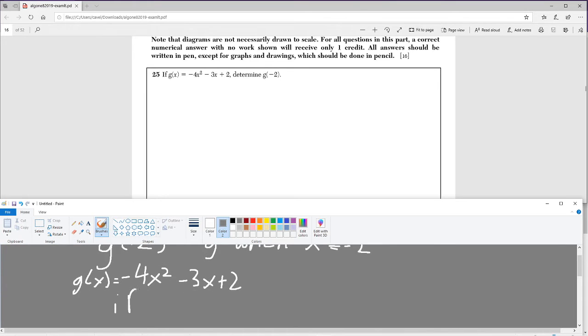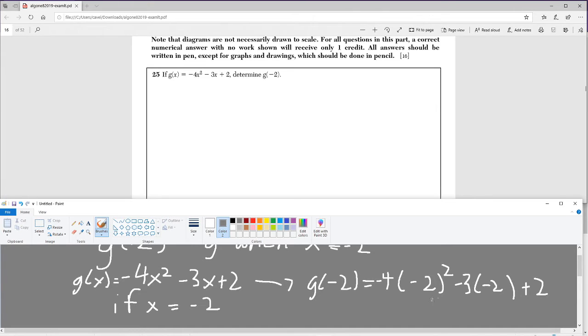So if x is negative 2, let's rewrite this. This becomes g of negative 2 is equal to negative 4 times negative 2 squared minus 3 times negative 2 plus 2, right?